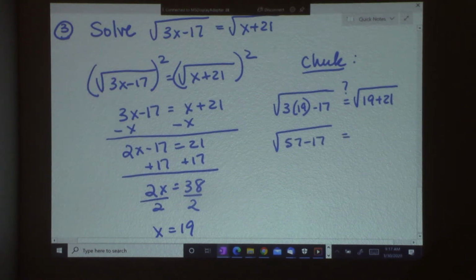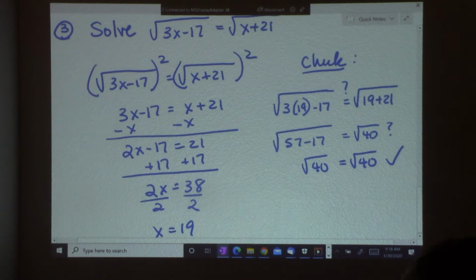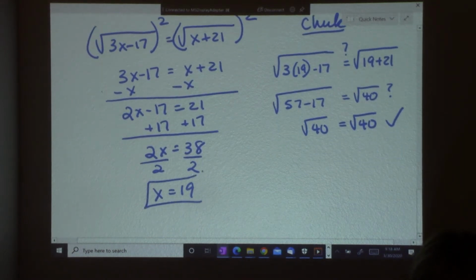And 19 and 21 is 40. So 57 minus 17 is the square root of 40. Does that equal the square root of 40? Yes, it does. So I know now that 19 is a solution.